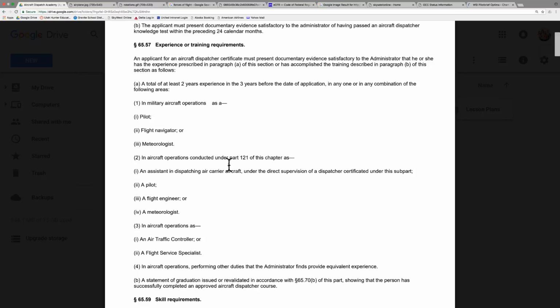Other ways would be if you're a pilot, flight engineer, meteorologist, or operating as an assistant dispatcher. Those are also ways to bypass the school training.